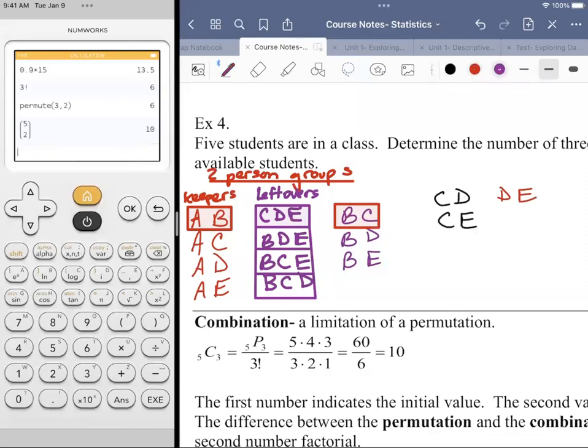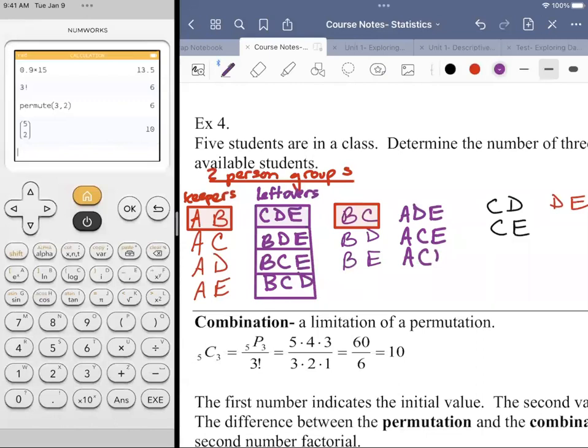I'm going to have a group of leftovers again. BC is my group of keepers. My group of leftovers would be A, D, and E. If BD is my set of keepers, then I'm going to have A, C, and E. If B and E, A, C, and D. These would be my leftovers.